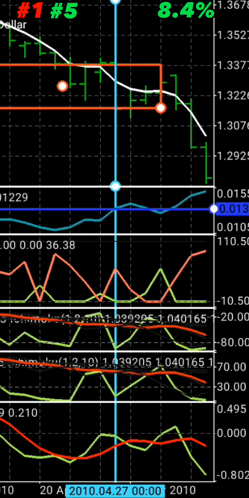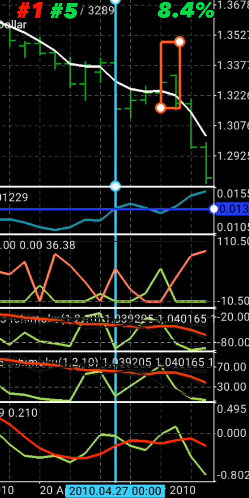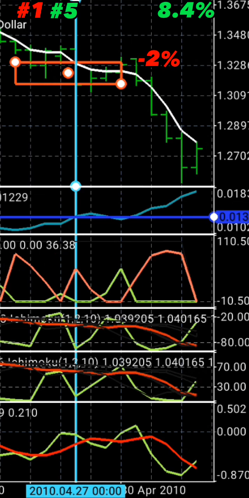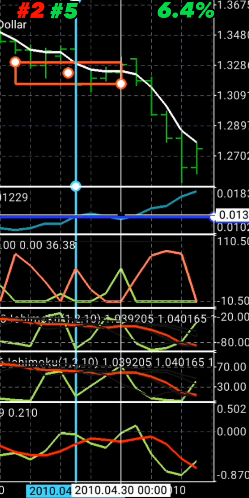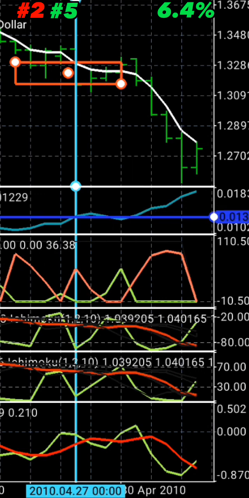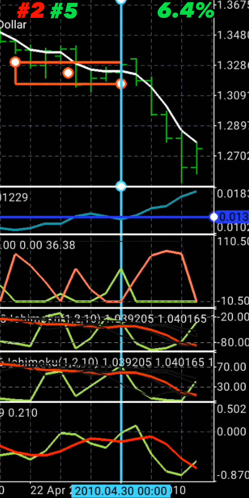So we are going to absorb another 2% loss, and this 2% account loss will drop our account to 6.4%. So we'll bear it, we absorb our loss, and we stay with our model.